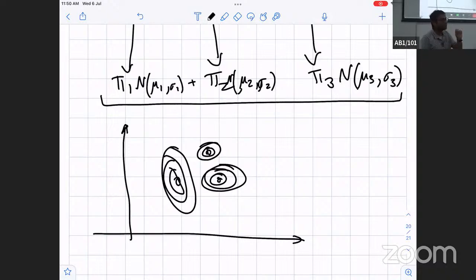If I gave you people exclusively from one income group, you can estimate the mean and sigma. How do you do it? Let's say I give you low income people and their heights, or let's say heights only. I give you all the heights. How do you estimate the mean and the variance for that?